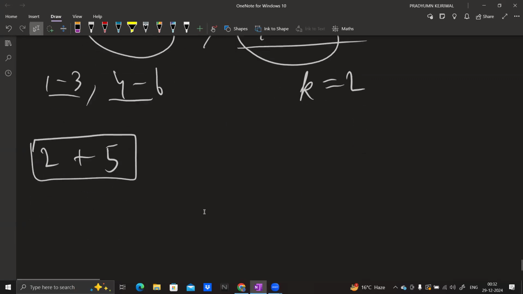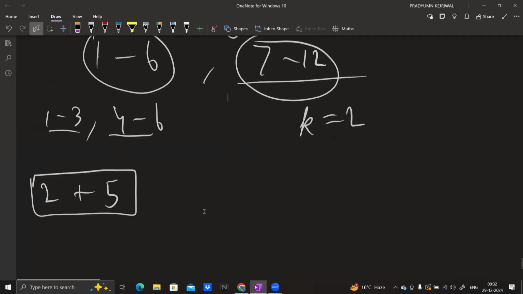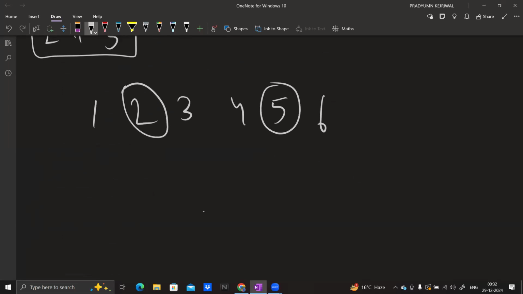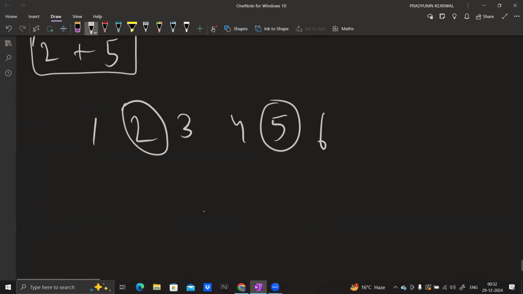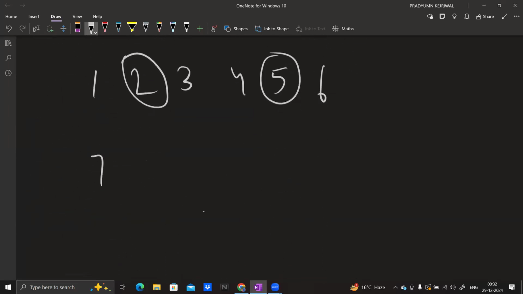Guys, see, in 1 to 6, what did we have? We just had 1, 2, 3, 4, 5, 6, and the answer contained these two numbers. In 7 to 12, we have 7, 8, 9, 10, 11, and 12, and by symmetry, the answer would contain these two numbers.